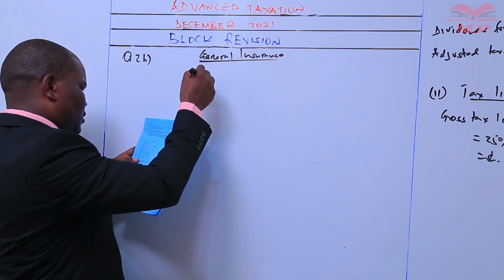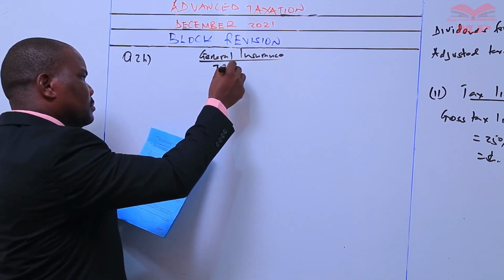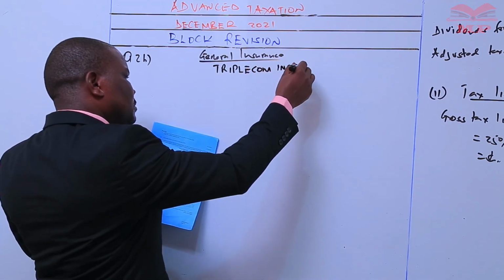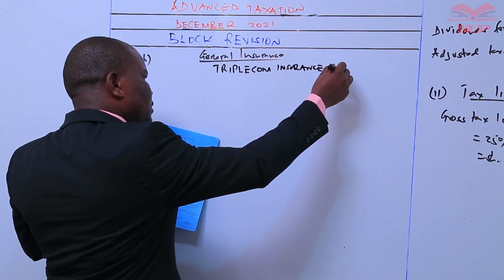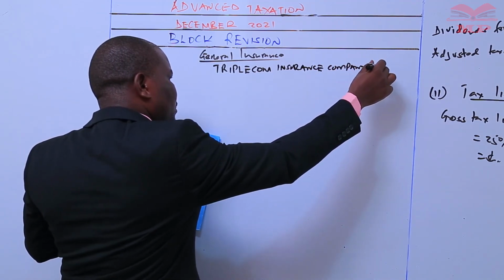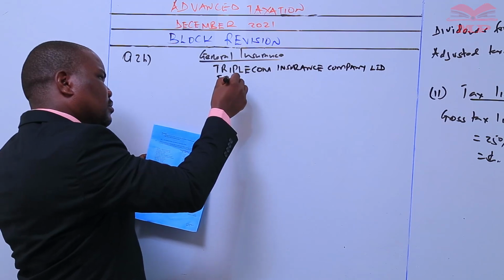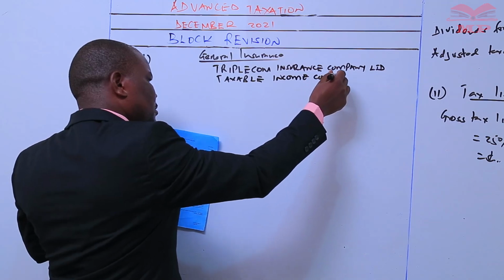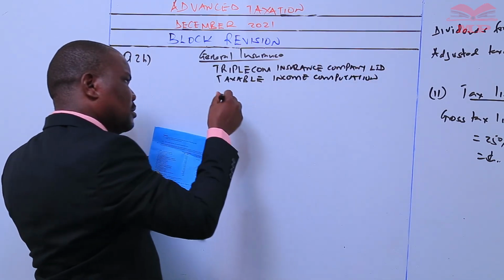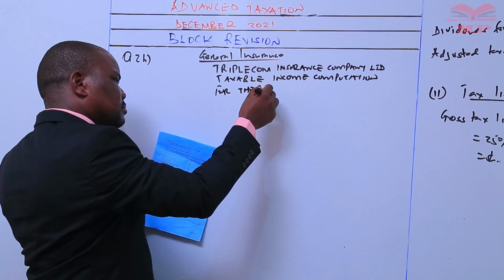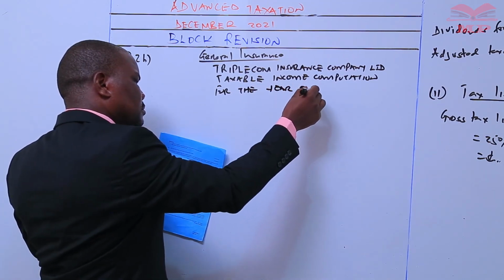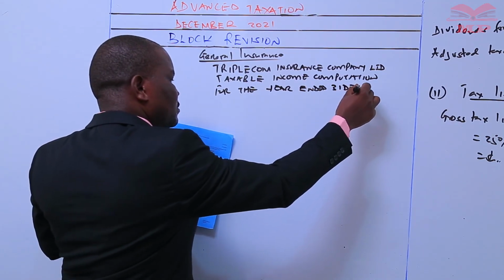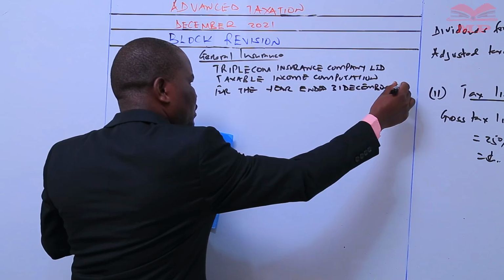We say Triplecom Insurance Company Limited, taxable income computation for the year ended 31st December 2020.